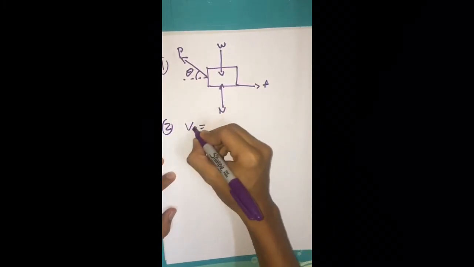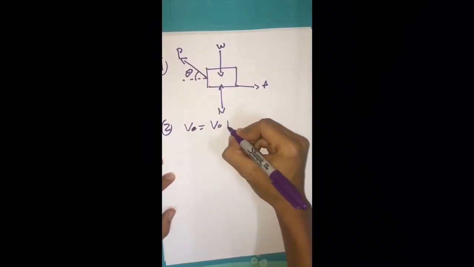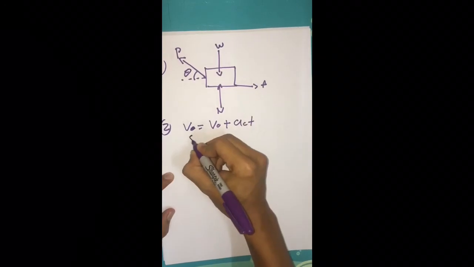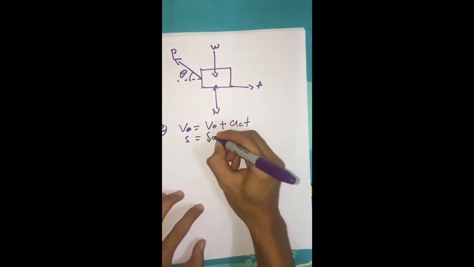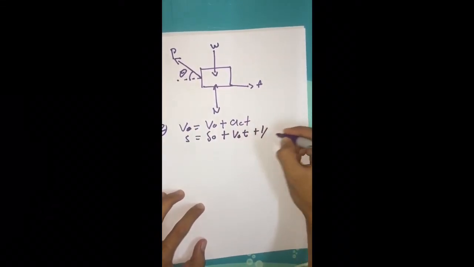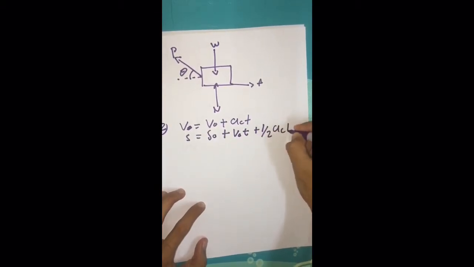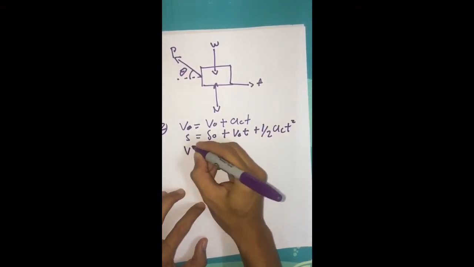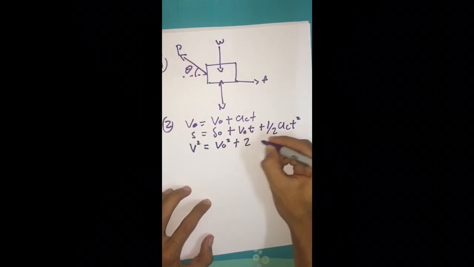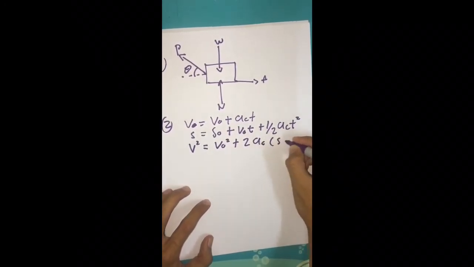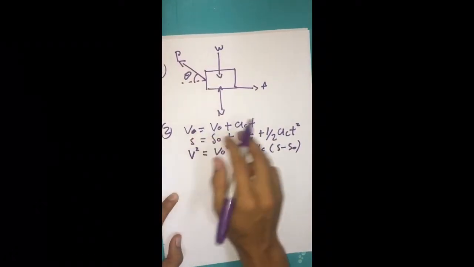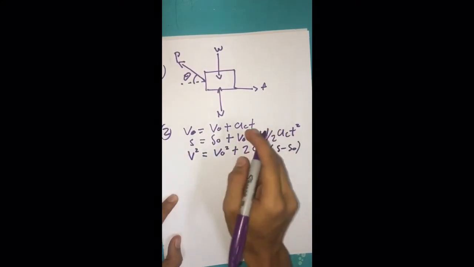The kinematic formula has three different forms, but we use only one formula, V equals V naught plus AT.